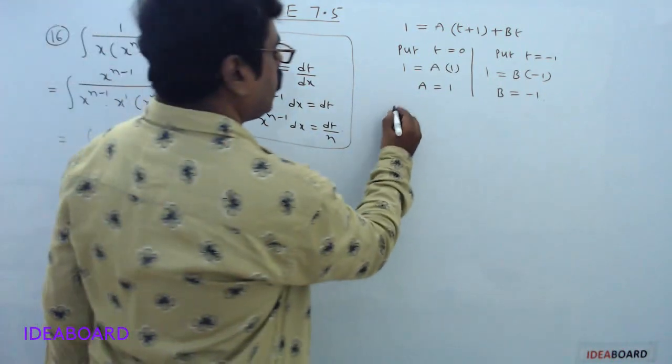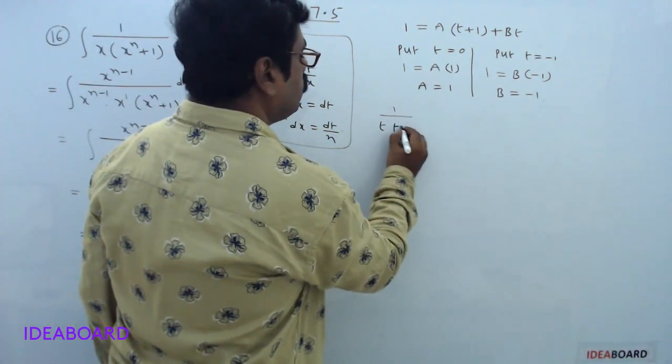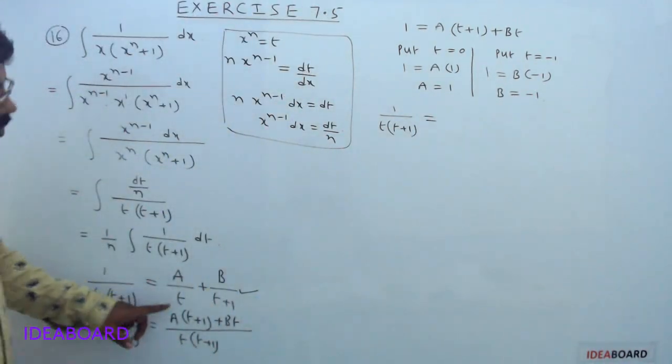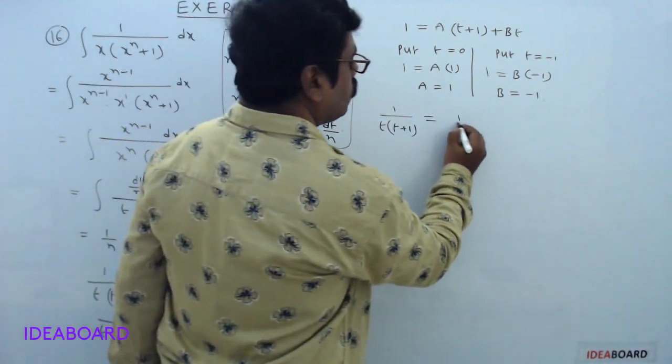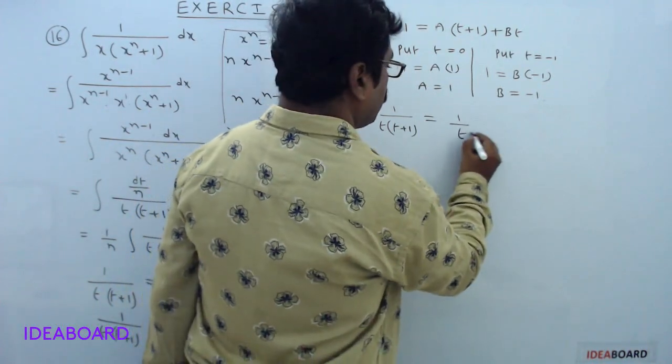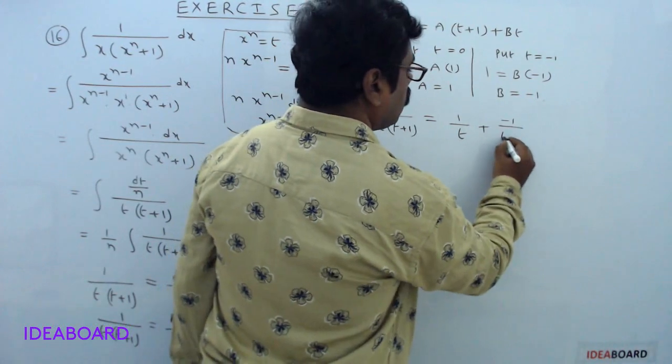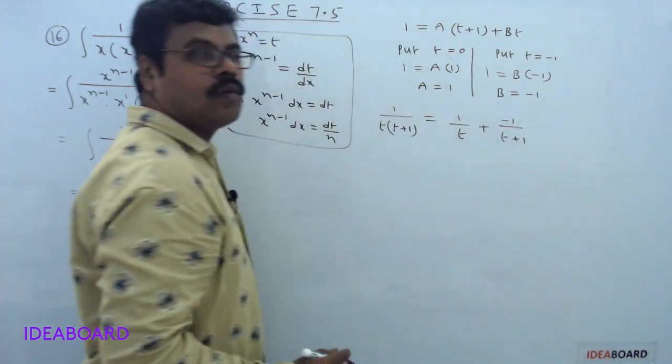Substitute the values of a and b in this equation. That is, 1 divided by t into (t + 1) equals a divided by t. What is your a value? 1. So 1 divided by t plus b, where b is minus 1, divided by t + 1.